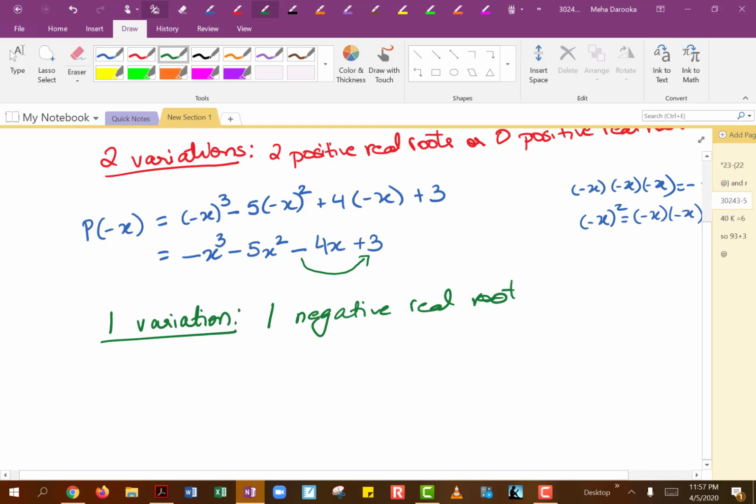Now, I cannot do 1 minus 2, right? Because 1 minus 2 will give me negative 1. And you can have either no roots, or you can have 1, 2, 3, 4, 5, how many ever roots you can. But you can't really say my equation has a negative solution, right?